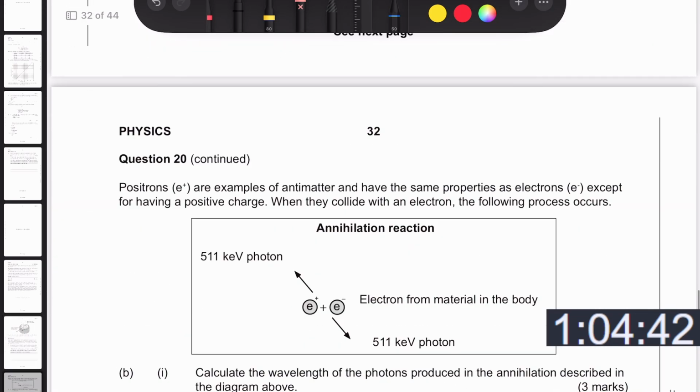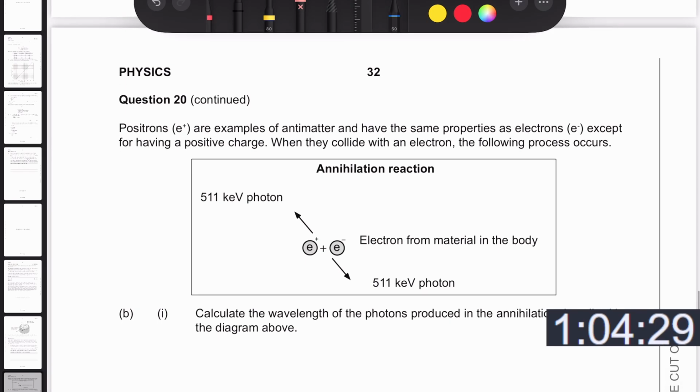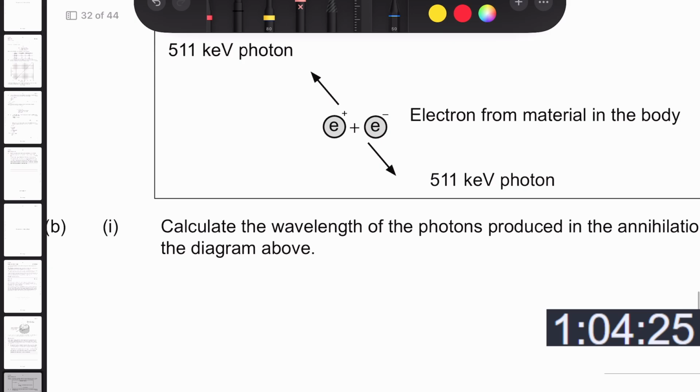Okay. Question 2. Positrons are examples of antimatter and have the same properties as electrons, except for having a positive charge. When they collide with an electron, the following process occurs. Calculate the wavelength of the photons produced in the annihilation, described in the diagram below.